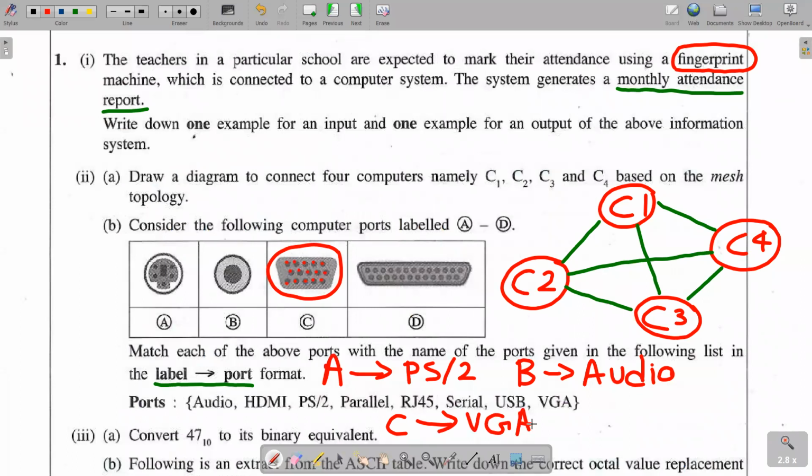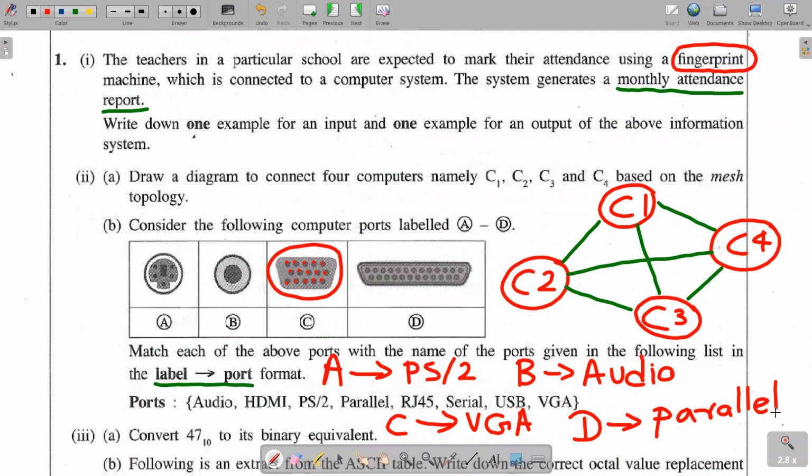And then D. D is the parallel port. So D, parallel. Right. So when they have given the guide like this, don't jeopardize the path, people. Just come up with a solution, or come up with the output.